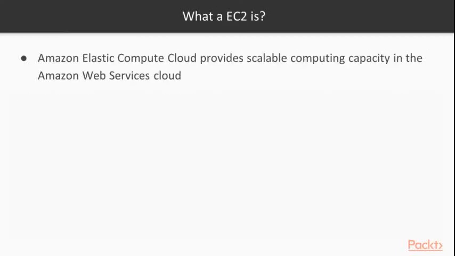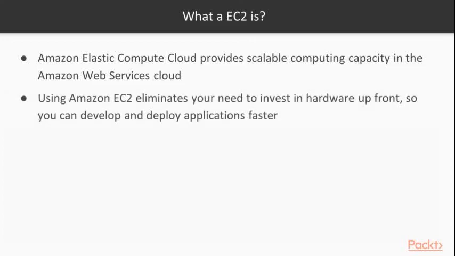The second thing that we'll be automating using Python is EC2. This is the Elastic Compute Cloud, and we will be calling it EC2. It provides scalable computing capacity in the Amazon Web Services cloud. Using EC2 eliminates the need to invest in hardware upfront, so we can develop and deploy applications faster.